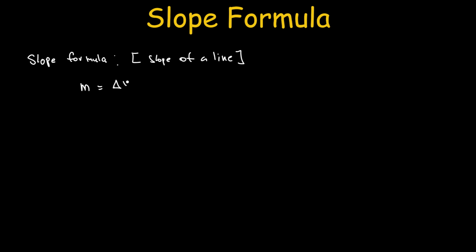This triangle here means change in y. And what is change in y? Change in y means y2 minus y1, this is a point, divided by change in x. So slope equals change in y divided by change in x. And what is change in x? Well, change in x is simply x2 minus x1.